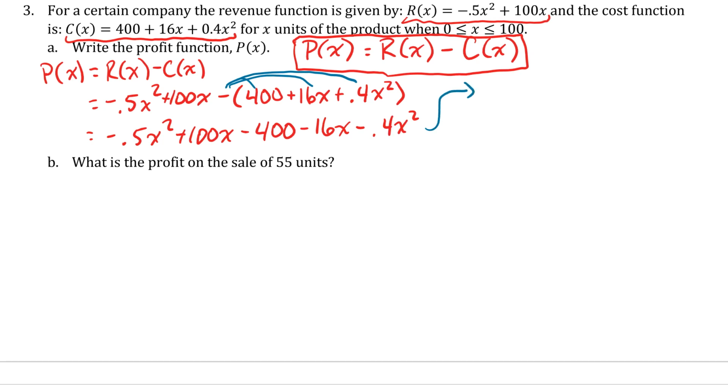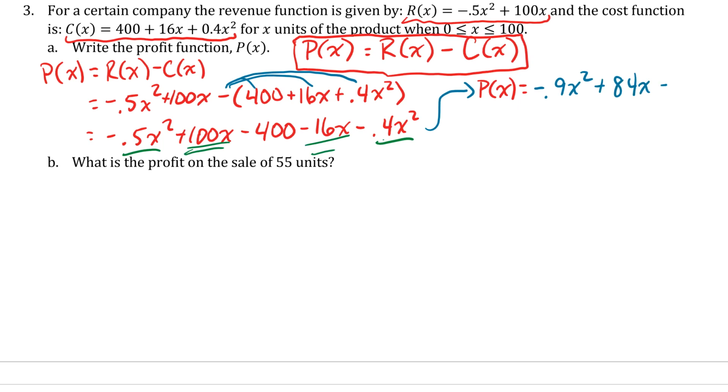All right, and if we just combine like terms now, we can combine the x squareds. That's going to give us negative 0.9x squared. We can combine the x's, which is going to give us plus 84x.